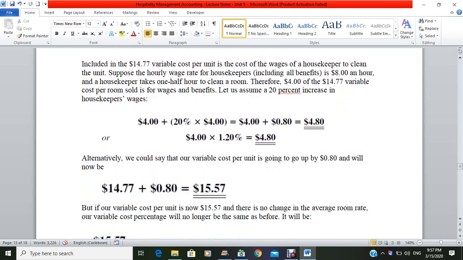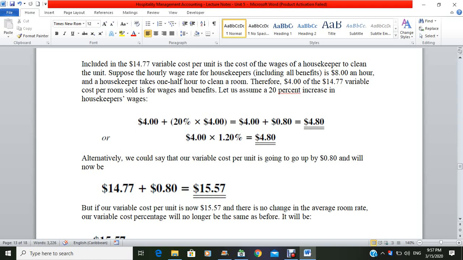Now remember that the $4 was originally in the $14.77. Alternatively, we could say that our variable cost per unit is going to go up by 80 cents, and will now be $14.77 plus 80 cents, which gives us $15.57.